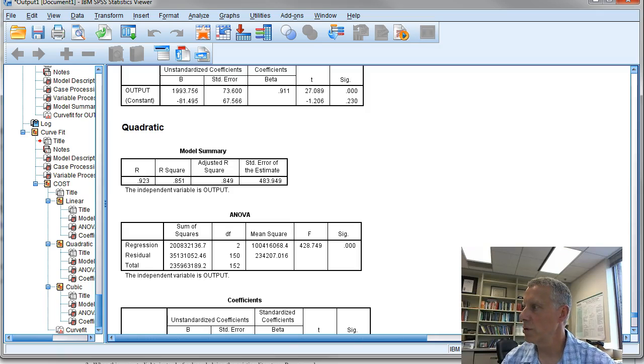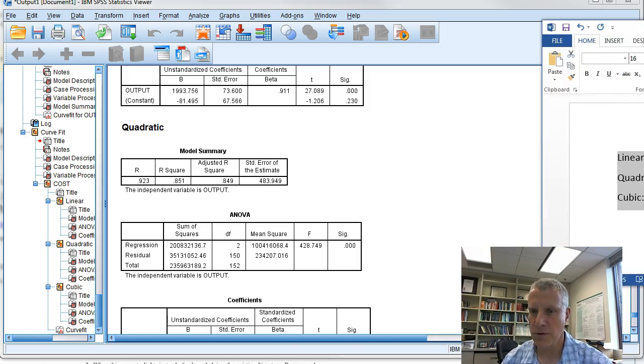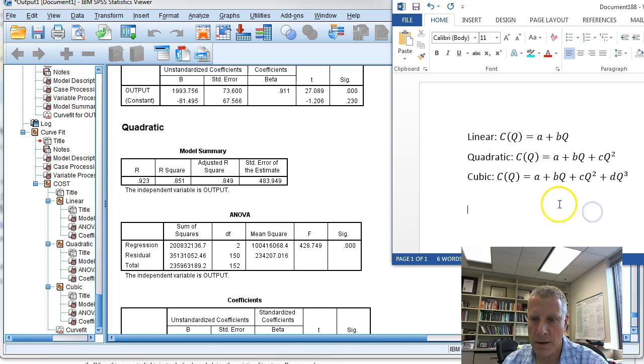And here's a quick review of what those functional forms are all about. So we're estimating these letters A, B, C, and D for these different functional forms.